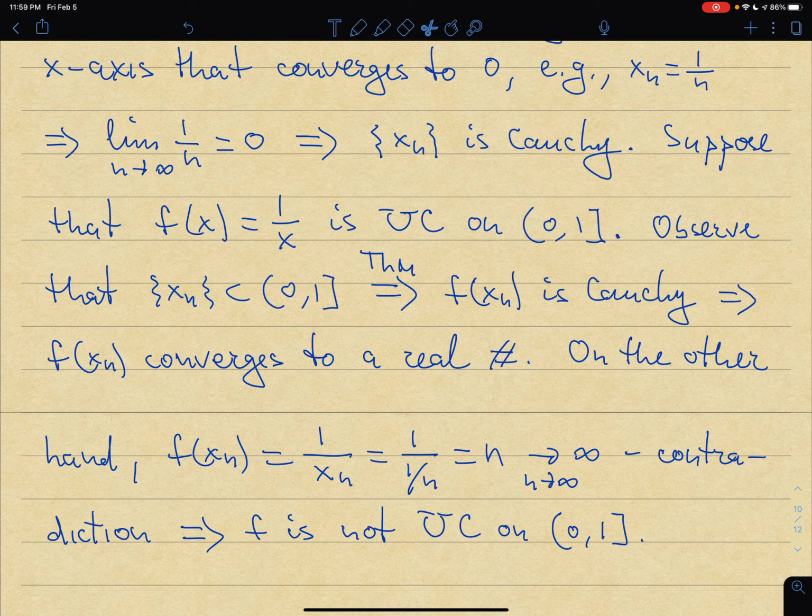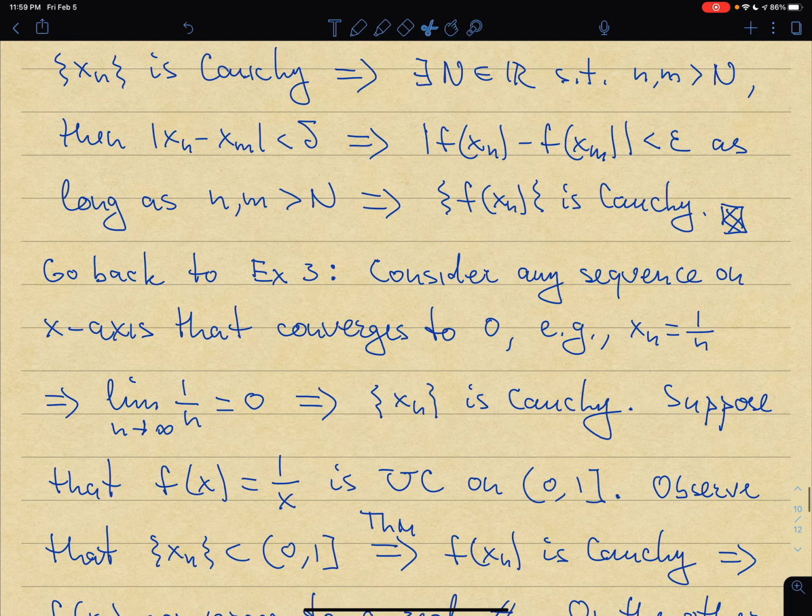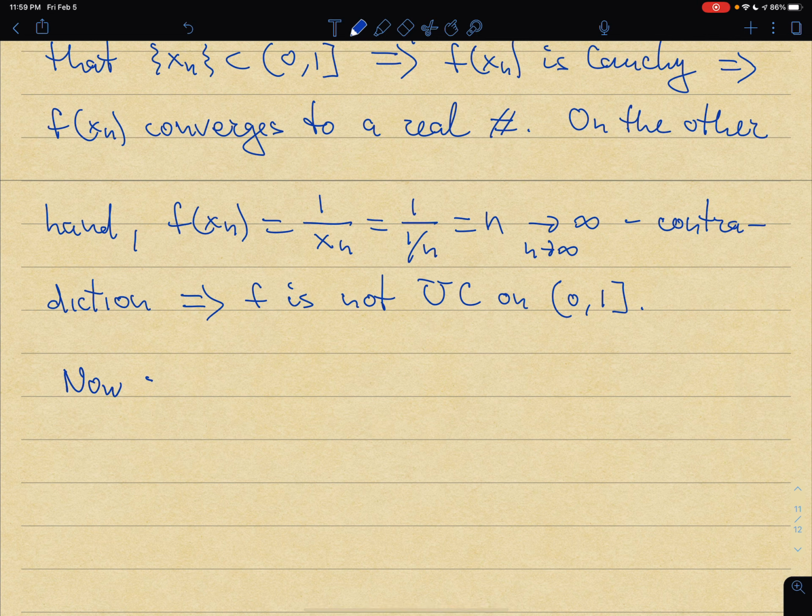Maybe let's do one more example. So let's go back to the example with the oscillating function.